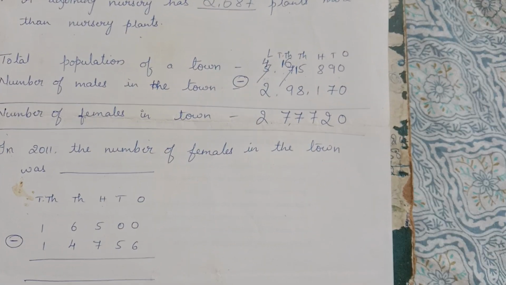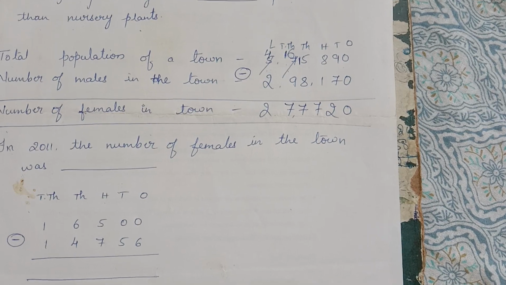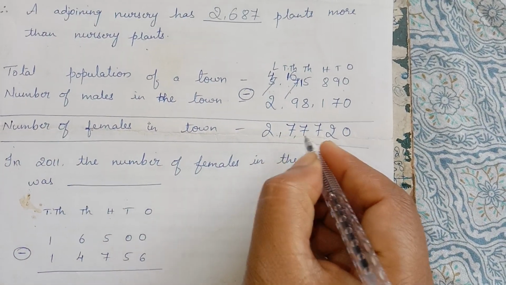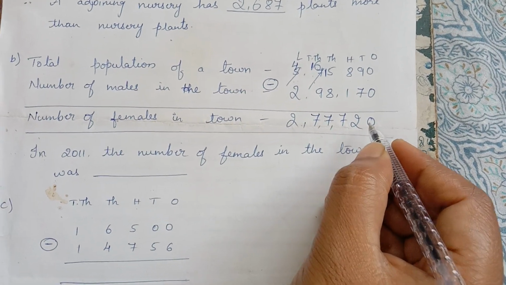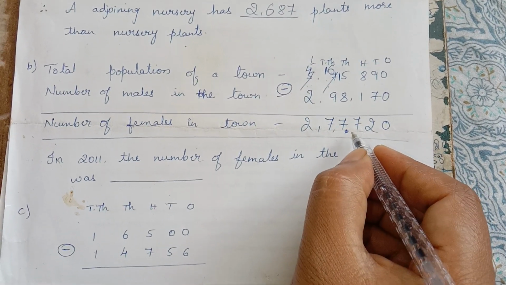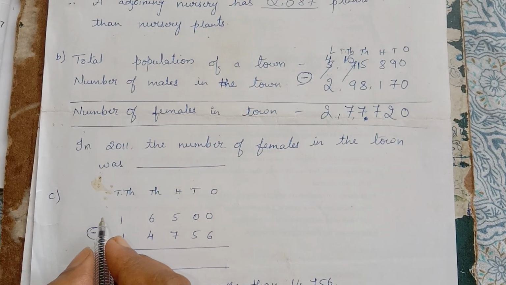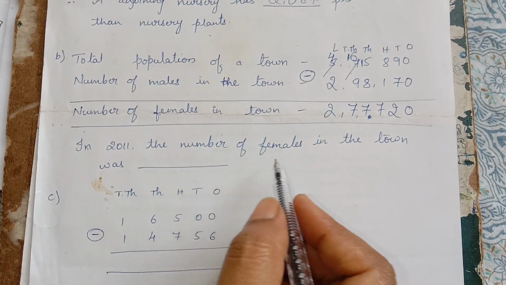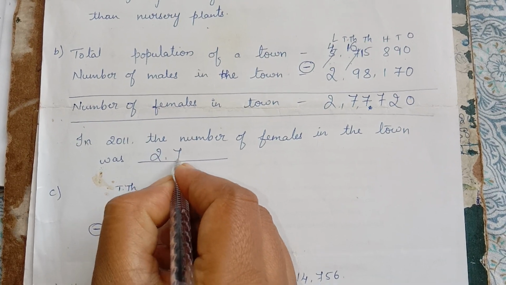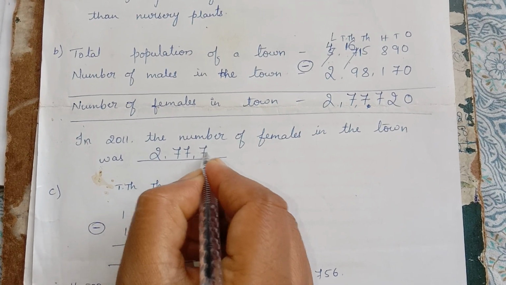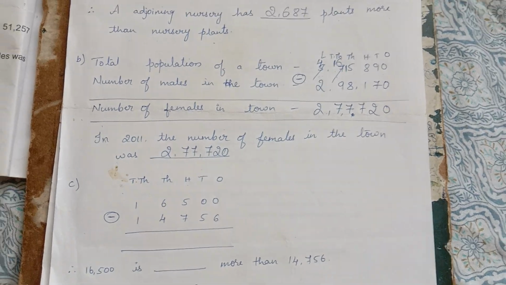I got 2,77,720. In 2011, the number of females in the town was 2,77,720. Got it, children? Yes.